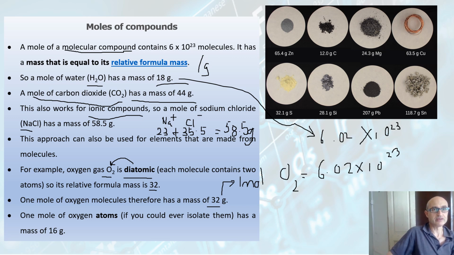If you look at the picture over here, right at the top, it gives you an example of just how useful moles are. A mole of magnesium would, for example, weigh 24.3 grams. Now, why are there decimals? Well, because these are very exact amounts.